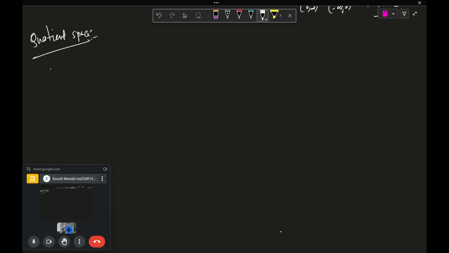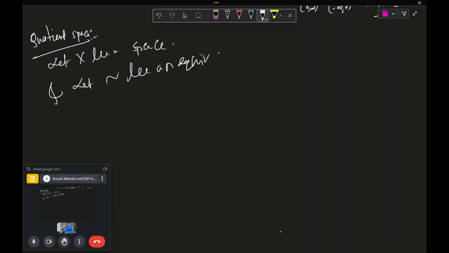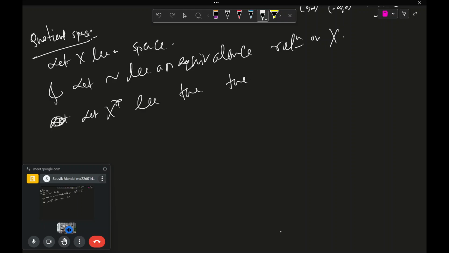So, for the quotient space, let X be a space and let tilde be an equivalence relation on X. Then let X star be the partition on X associated with the tilde, since any equivalence relation gives a partition.